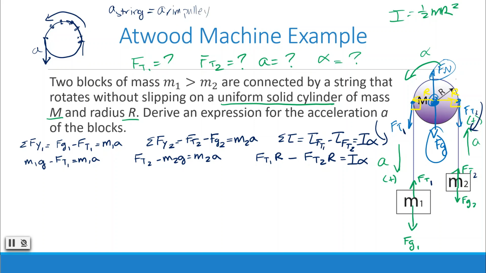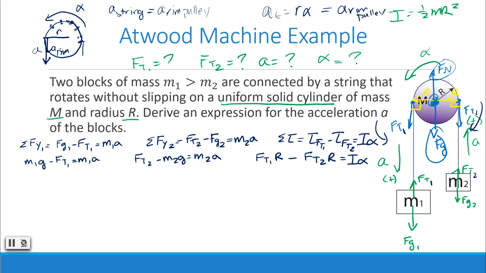Now, the reason I want to make that assumption is because the angular acceleration, alpha, is related to the linear acceleration of the rim of the pulley by the radius r. Remember, we said that the tangential acceleration is equal to r times alpha. And in this case, our tangential acceleration is the linear acceleration of the rim of the pulley.